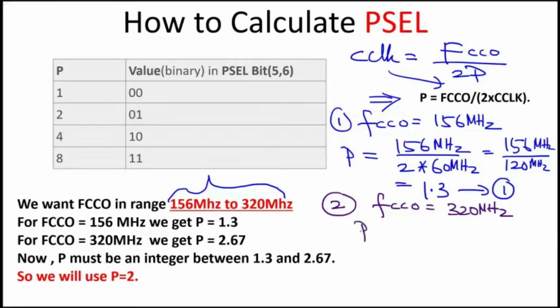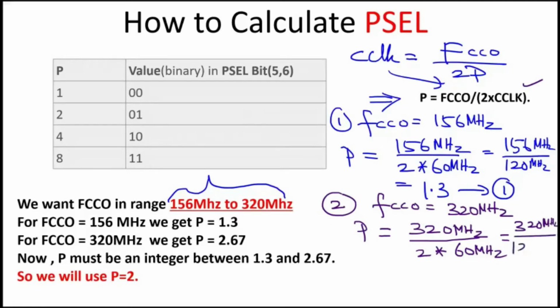The value of P in this case is the frequency of the current controlled oscillator, 320 megahertz, divided by 2 into CPU clock. 2 into CPU clock is 60 megahertz, which is 120 megahertz. So 320 megahertz divided by 120 megahertz. 320 by 120 is how much? 2.67.